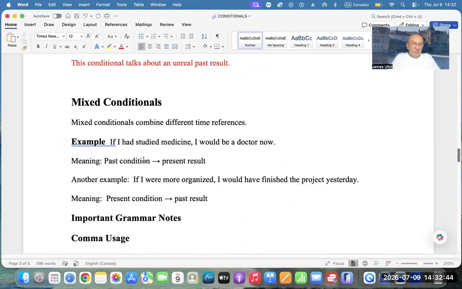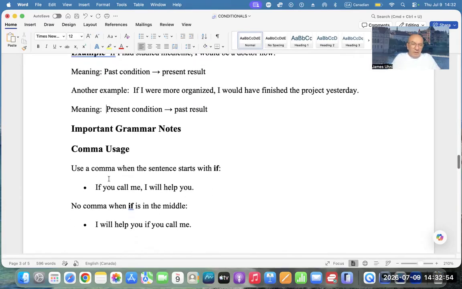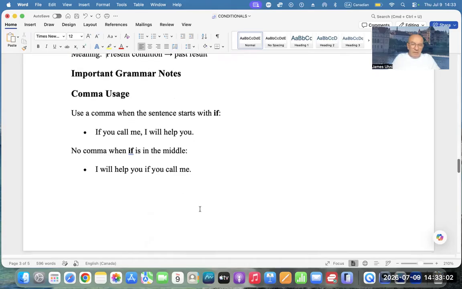Now we have past condition to present result, present condition to past result. And important grammar notes. Use a comma when the sentence starts with if. No comma when if is in the middle. And that's about it.